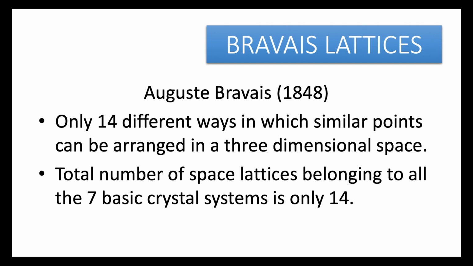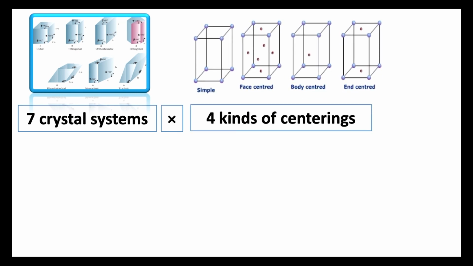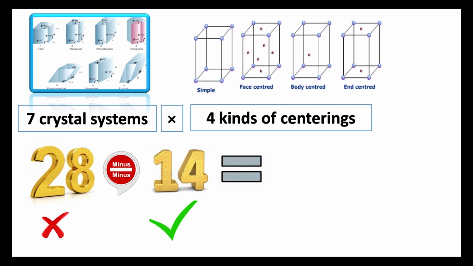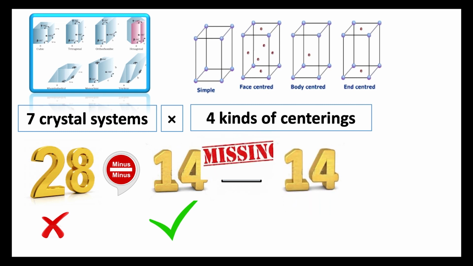And these 14 lattices are called Bravais lattices. The 7 crystal systems with 4 kinds of centerings should give you 28 lattices. But Auguste Bravais proved that this is wrong and there are only 14 lattices. So, 28 minus 14 equal to 14 lattices are missing.